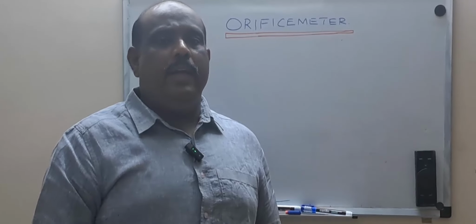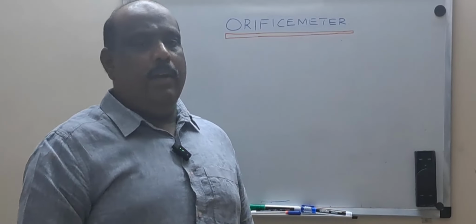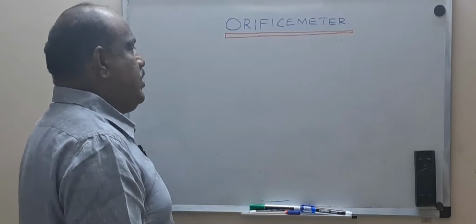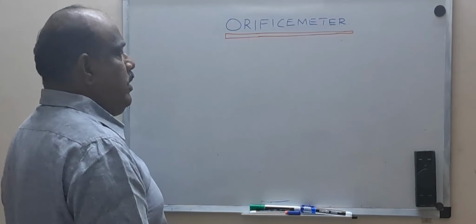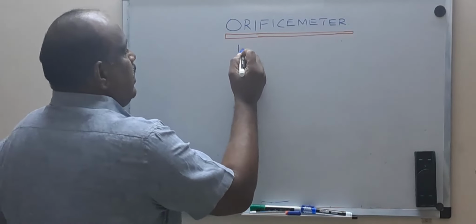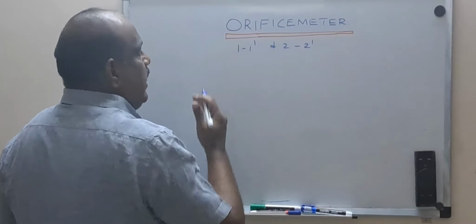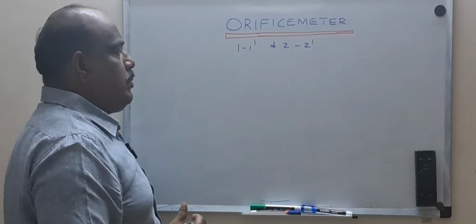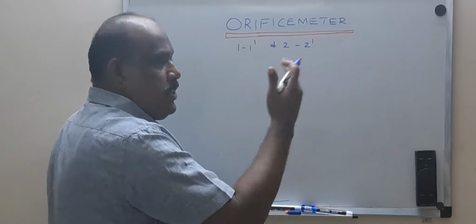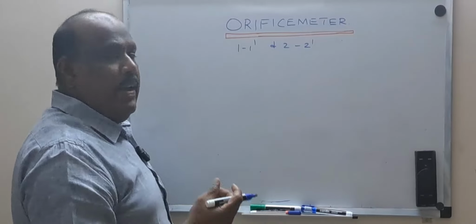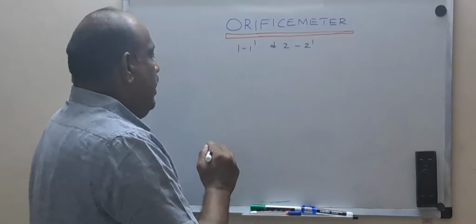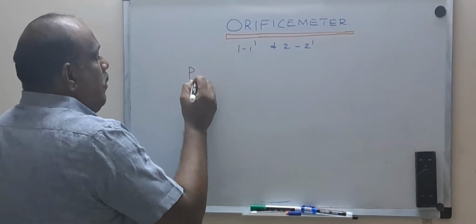Let us continue the derivation of this flow rate for the orifice meter by applying the Bernoulli's equation between section 1 dash and 2 dash. The 1 dash is the upstream of the orifice plate and 2 dash is the downstream, exactly at the vena contracta where the area is minimal. Okay. What is the Bernoulli's principle?